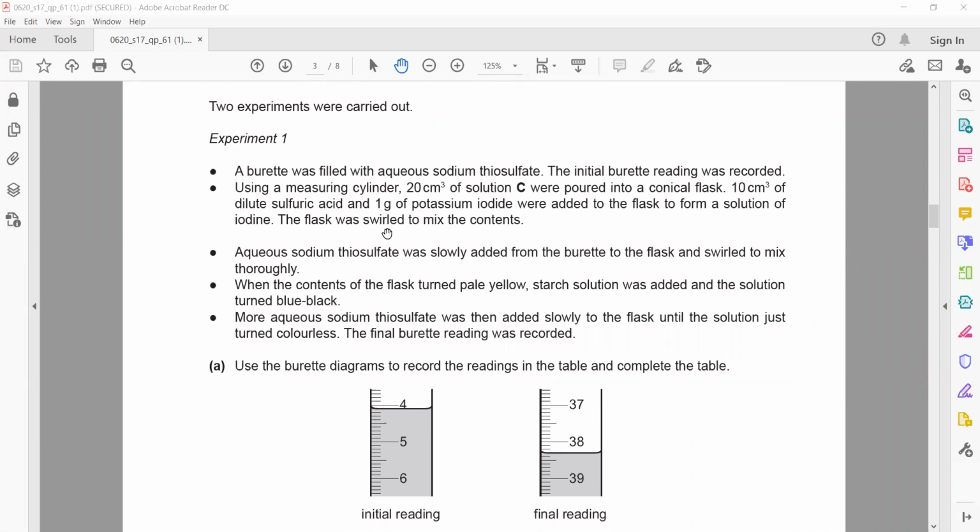Aqueous sodium thiosulfate was slowly added from the burette until the contents of the flask turned pale yellow, light yellow. Then starch is added and the solution turns blue-black. The starch is used as an indicator for iodine reactions, because in the presence of iodine, starch is blue-black. If iodine is not there, it will be colorless.